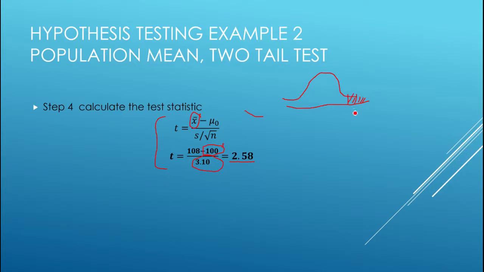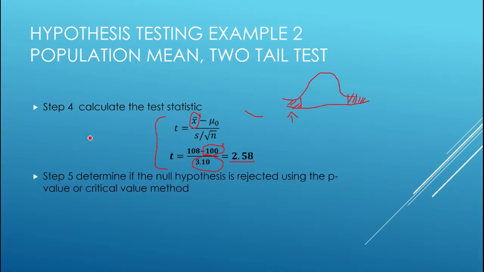So it's still true that a large value of the test statistic will provide evidence against the null. But because of the way the null and the alternative hypothesis are stated, such that it's two-tailed, a very small value of the test statistic, which will be a negative value, will also provide evidence against the null. So a really negative value of the test statistic will place us out here in a rejection region in the lower tail. So we have to concern ourselves with both tails.